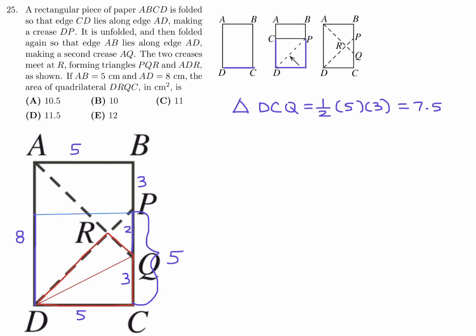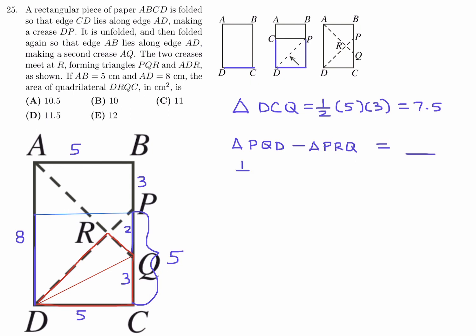To figure that out, I'm first going to figure out the triangle PQD, which is this one right here. From that, I will subtract PRQ. So PQD minus triangle PRQ, and whatever that is, I will then add to the 7.5, and therefore I'll get my answer.